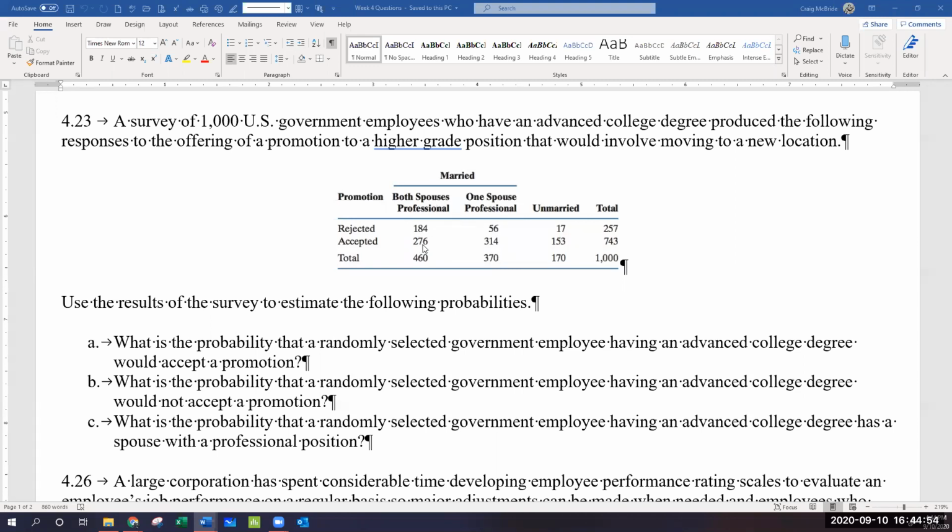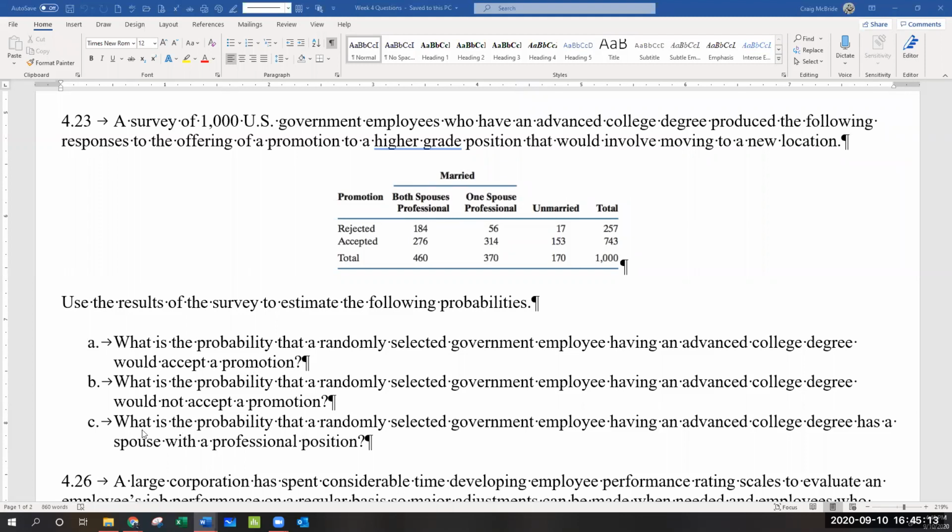This column represents their spouses having an advanced college degree, or being professional, because it says both spouses are professional. It's a terrible table because up here they call it having an advanced college degree, and in the table they call it being professional.